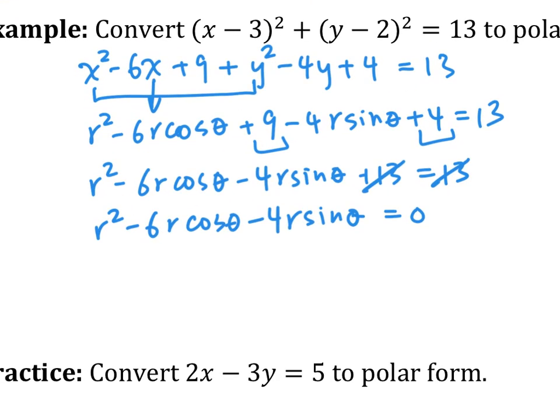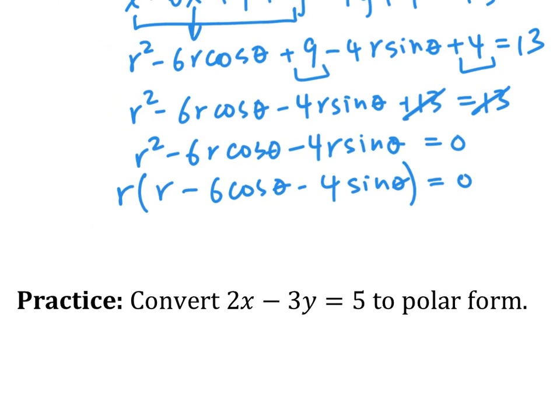Let's go a few steps further and actually get the equation of basically r equals something. So what I'm going to do now is factor out r. Remember, this is called the factor form because we have something times something equals 0. So then each part is equal to 0. So r is 0, or r minus 6 cosine theta minus 4 sine theta is 0.